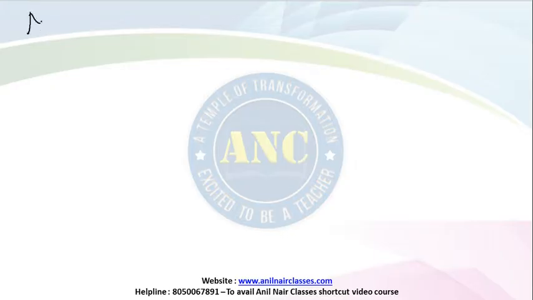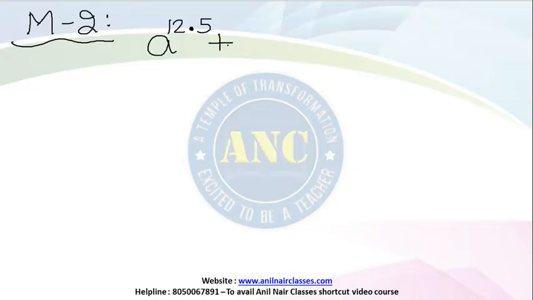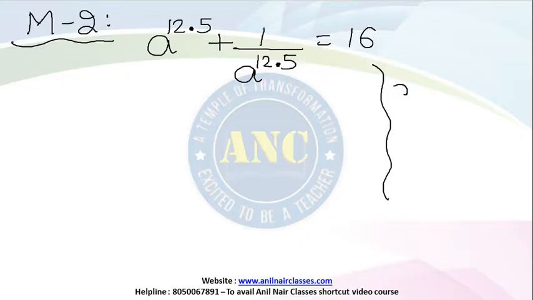Now some of the students might get confused if it is given as 12.5. First of all, having a big number in the power itself, you people think it is difficult. And secondly, the power is a decimal number here, so you will get even more confused. A power 12.5 plus 1 by a power 12.5 is 16. The question says, what is a power 25 plus 1 by a power 25?